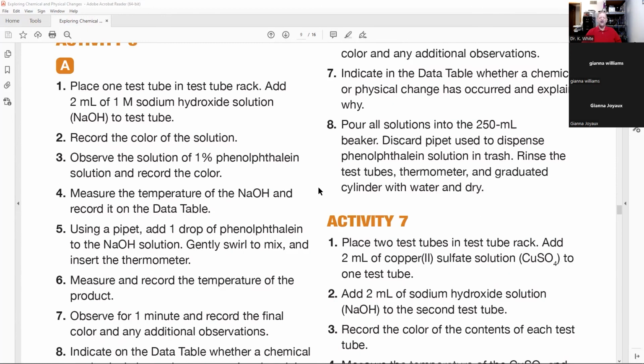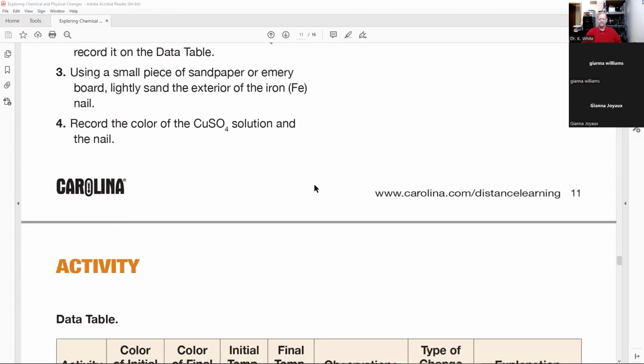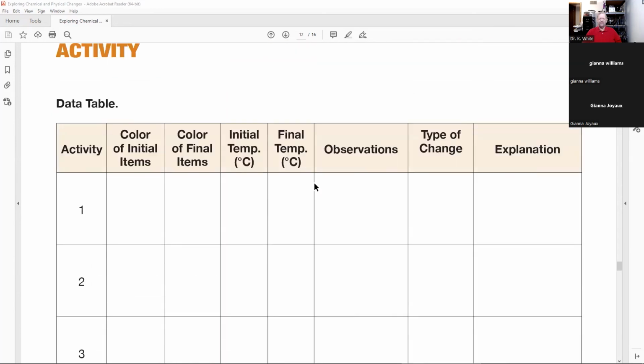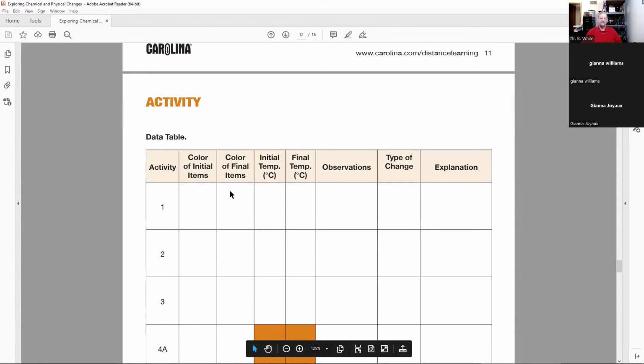Now, if we go to page 12, you'll see this data table. And what you'll do, write down the initial and final color, initial, what each one looks like, clear or whatever. And if there's a final color change, what it is.